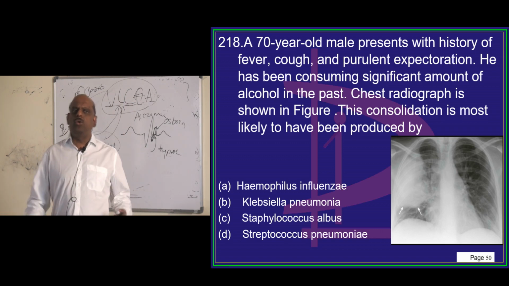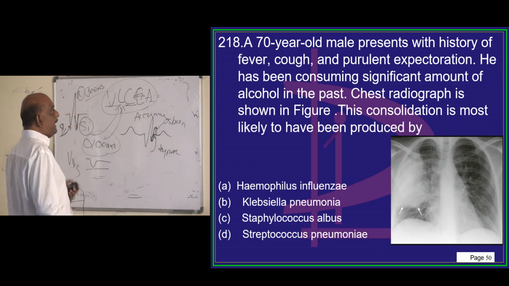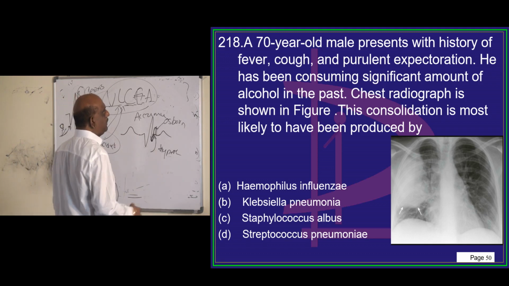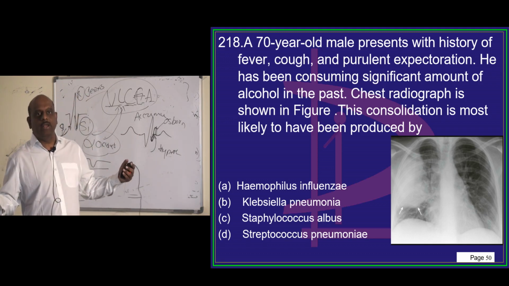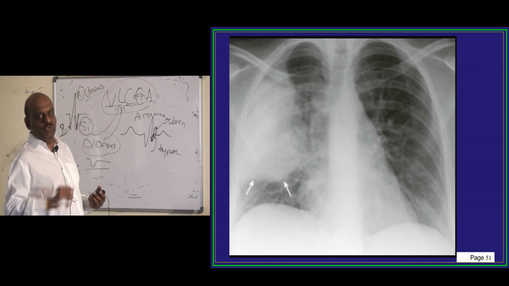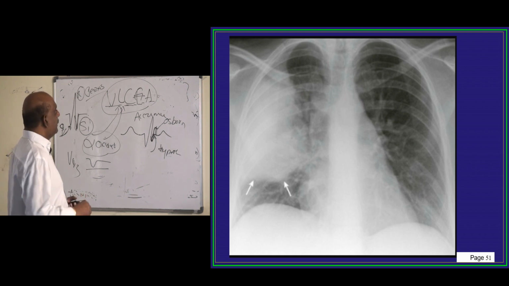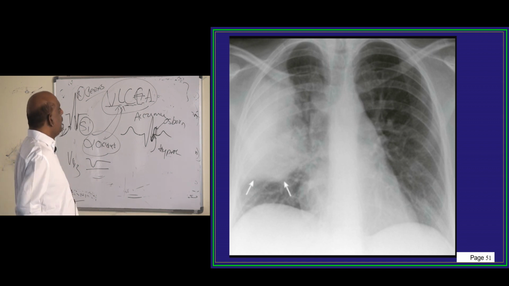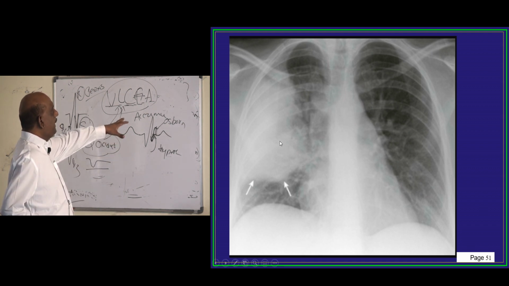A 70-year-old with a history of fever, cough and purulent expectoration. He had been alcoholic and a chest radiograph has been shown to you. In this chest radiograph, what are you able to see, doctor? You are able to see consolidation.